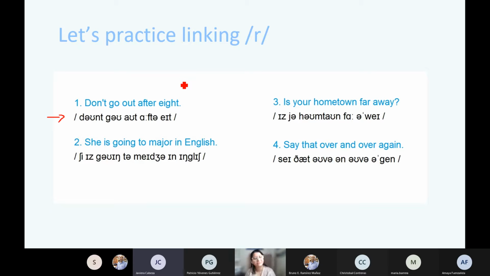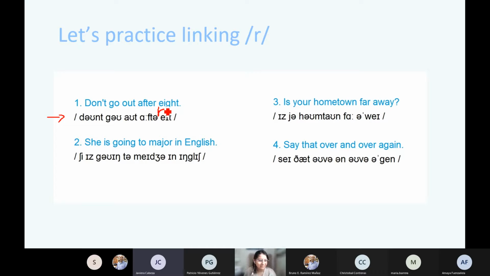Cristóbal, can you include the linking R in that sentence? Okay, so it should be like don't go out after 8. After 8. Perfect. That's it. See? We don't say don't go after 8. And you already pronounced the example, so thank you very much.